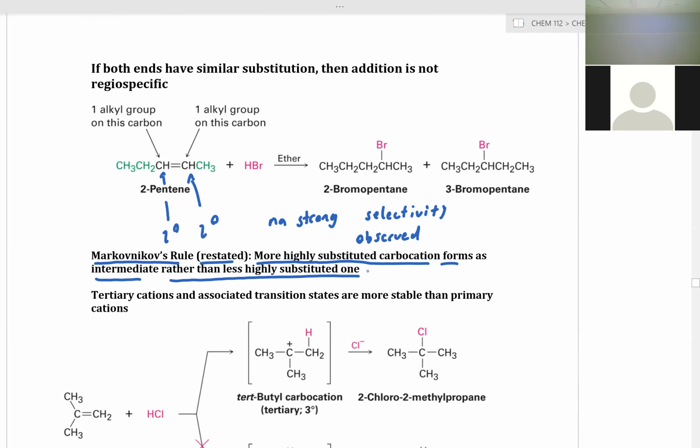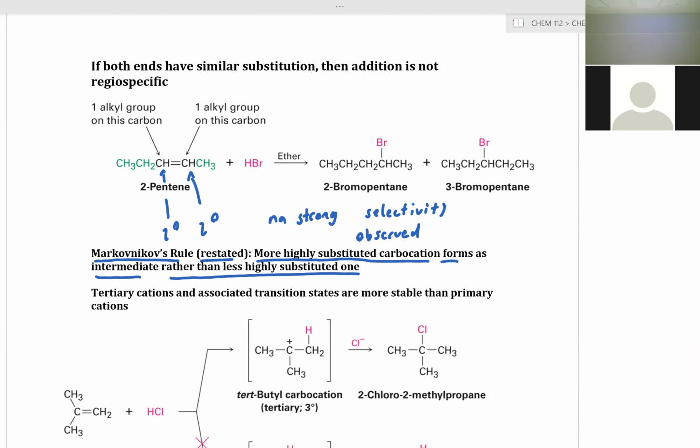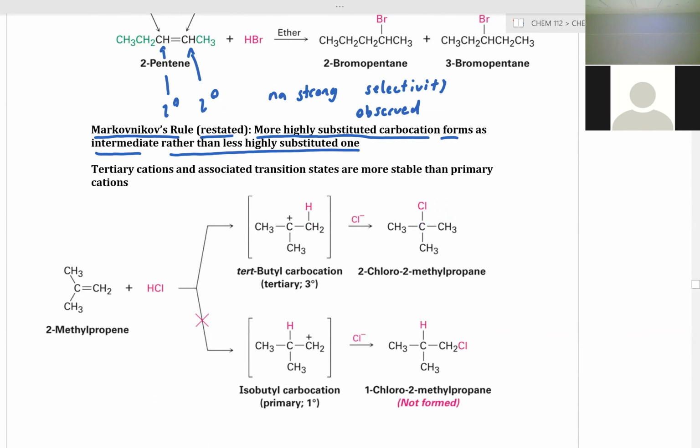Perfect. So that explains why we see addition of our nucleophile at the more substituted carbon. Tertiary cations and associated transition states are more stable than primary cations. So this tert-butyl carbocation is more stable, ergo, that's why we see the chloride add at the tertiary carbon. And all is right with the world. Everything's making sense so far.